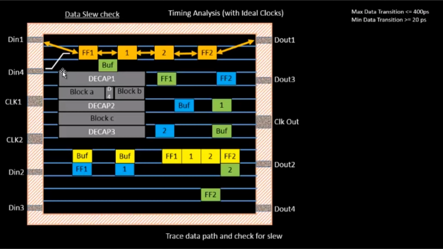We were talking about the data transition in the previous videos, where we mentioned why we even need repeaters. If this particular value of the data transition exceeds 400 picoseconds or is less than 20 picoseconds, in this case if it exceeds 400 picoseconds, we need something called repeaters.